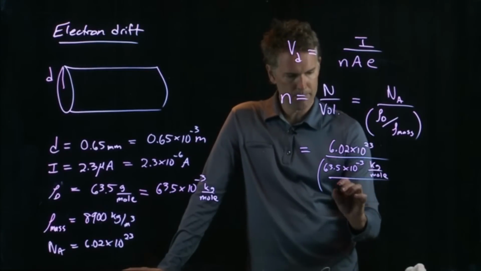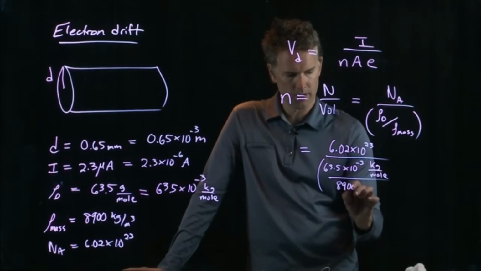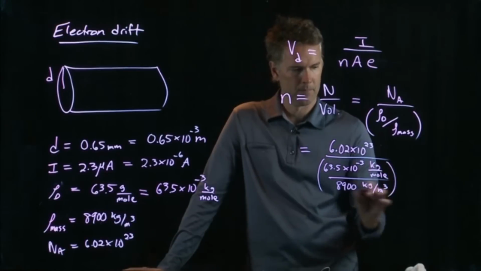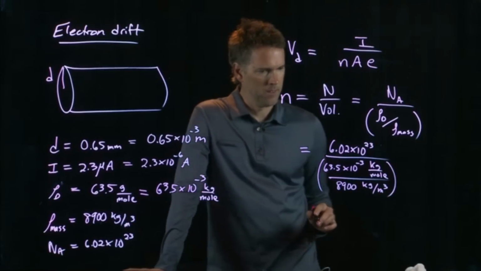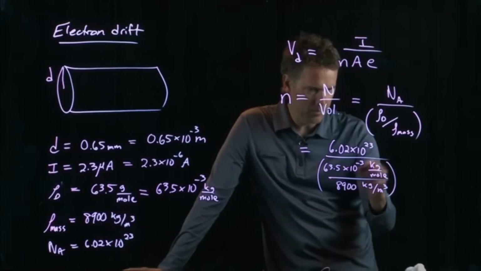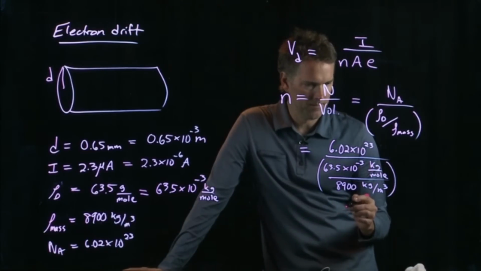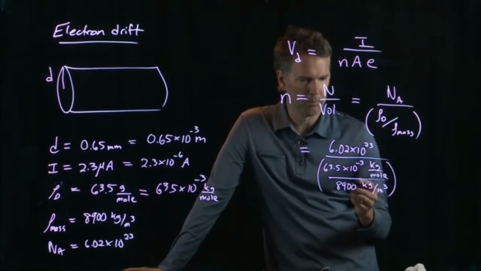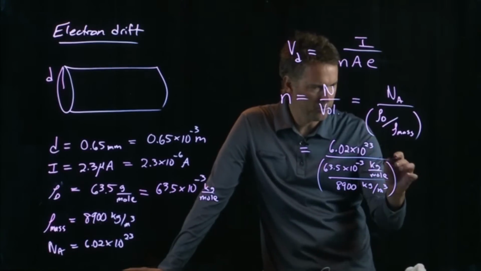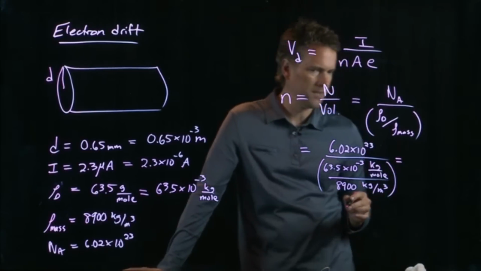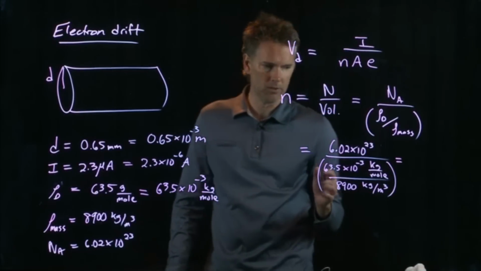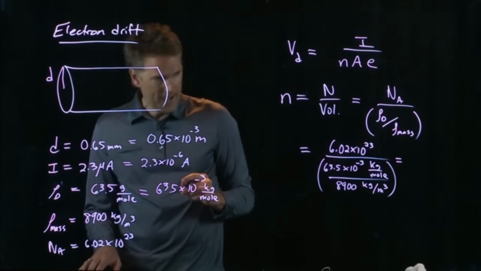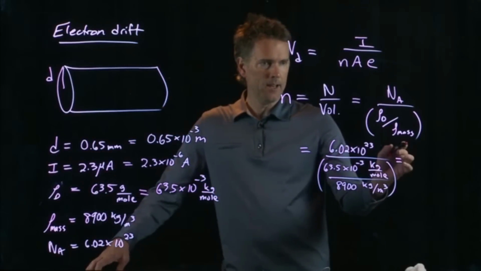And we're going to divide by 8,900 kilograms per cubic meter. And it looks like the kilograms are going to cancel out, and we're going to end up with something per cubic meter. Somebody punch those numbers into your calculator and tell me what we get, and it looks like the units are going to work out just fine. Okay, so that is our little number n.